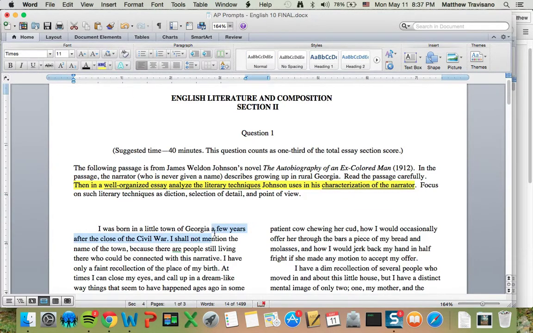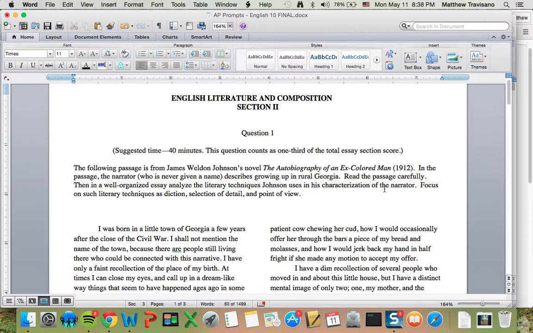So James Weldon Johnson is going to use various techniques in creating this narrator. So ultimately, the goal here is to figure out how Johnson created this narrator through the literary techniques he chose.